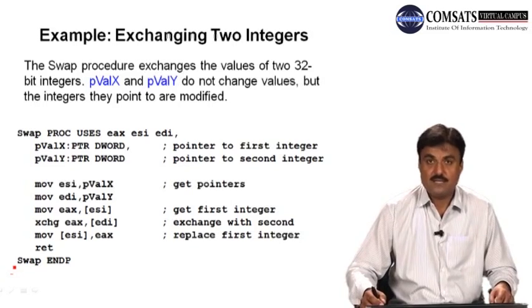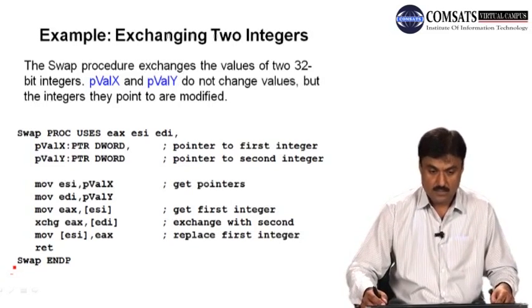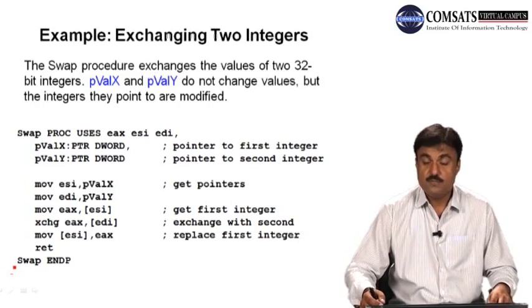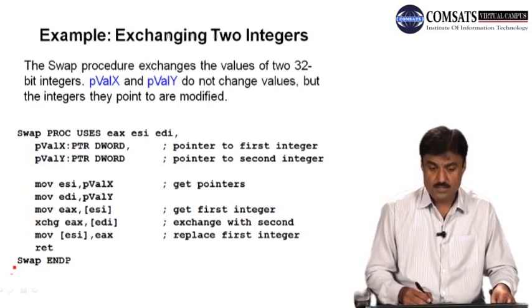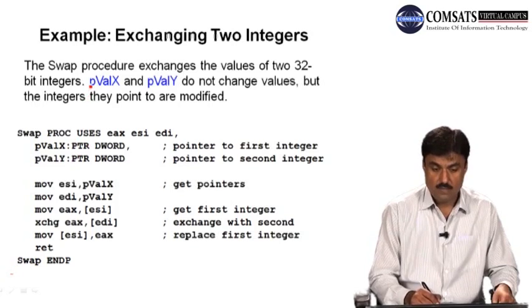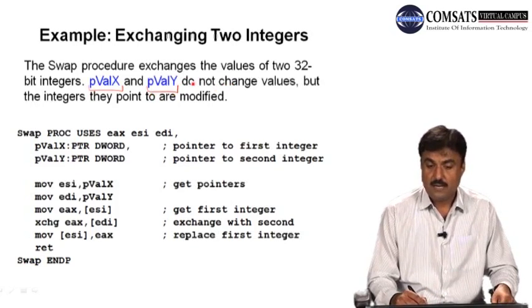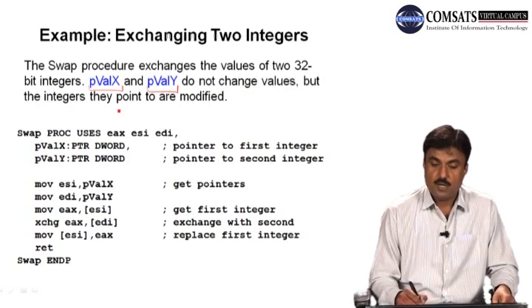This procedure exchanges the values of two 32-bit integers. It will accept two parameters, p-val x and p-val y. These do not change their values, however the integers they point to are modified.